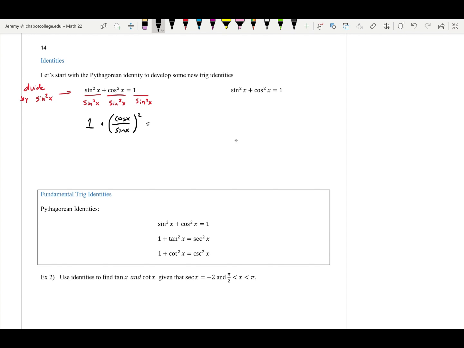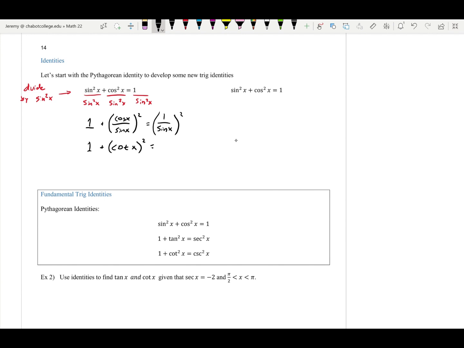Okay, and then the 1 over sine squared of x, that is the same as 1 over sine of x quantity squared. And I write it this way because cosine x over sine of x, we know what that is. That's a trig function. That is cotangent. So this is the same as 1 plus cotangent x quantity squared.